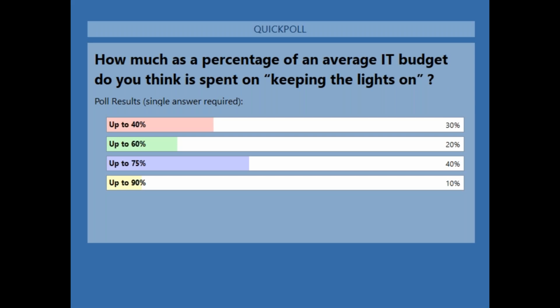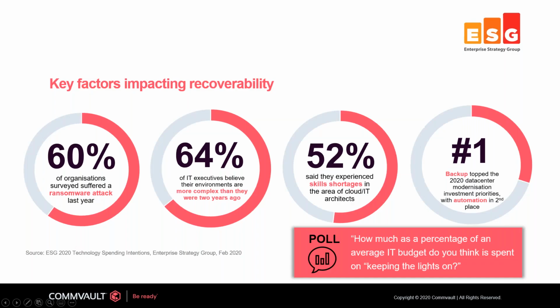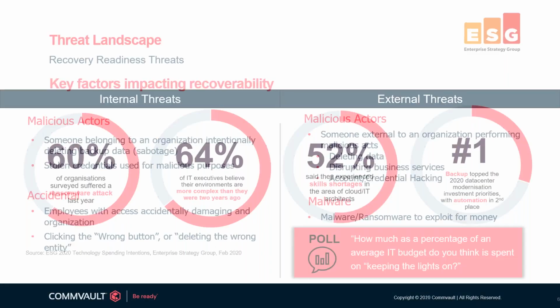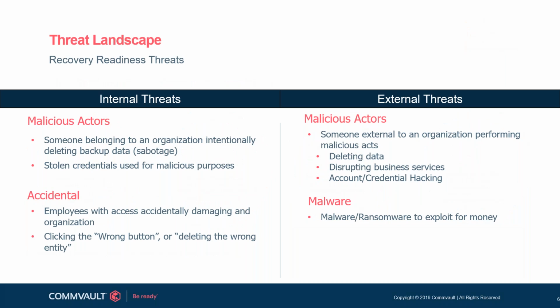Up to 90% of IT budget is spent on keeping the lights on, which is a huge number. And I think it comes again from these points: the complexity, skills shortage, and lack of automation in many cases is a real driver for that spend.